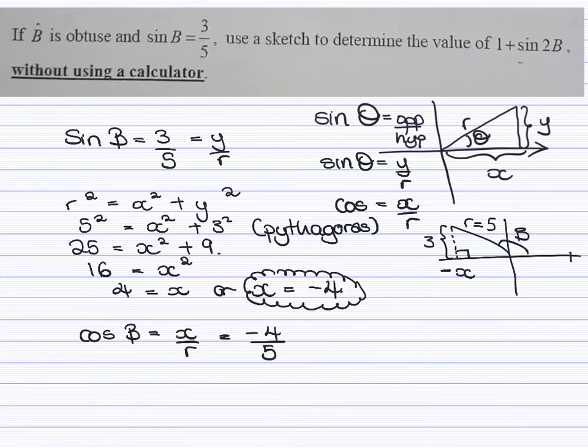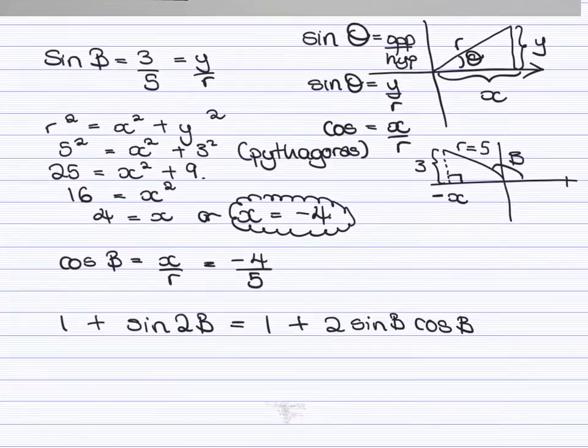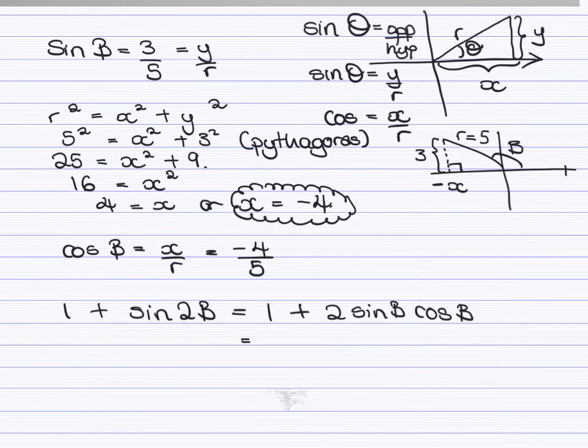Let's go back and see what they actually want us to determine. They want us to determine the value of 1 plus sine 2b. Sine 2b, that is your double angle, so it can be rewritten as 1 plus 2 sine b cos b. I know what sine b is. Sine b is 3/5.